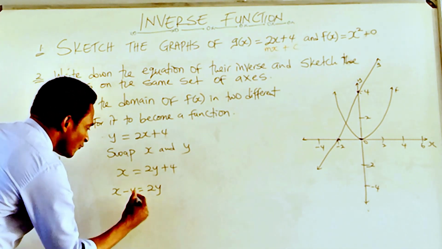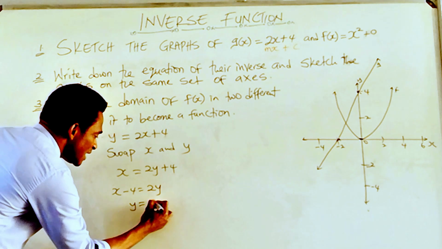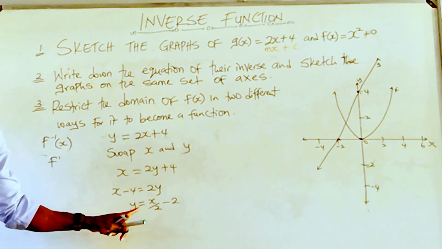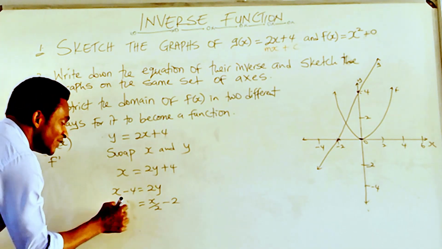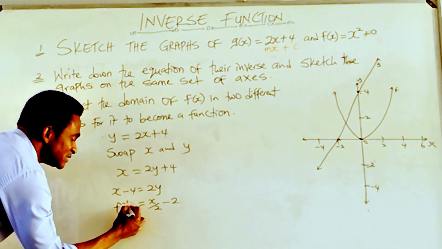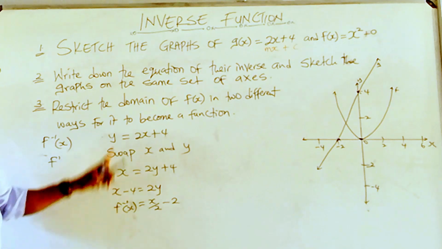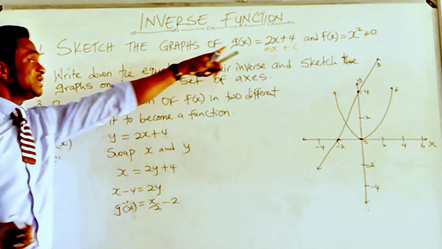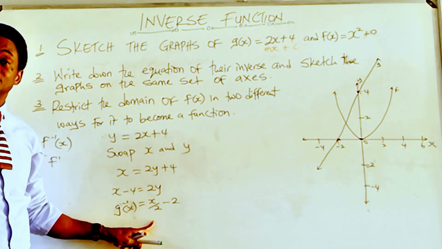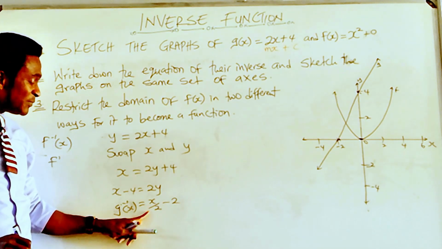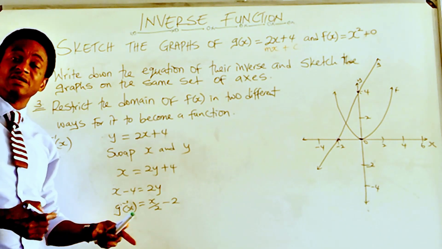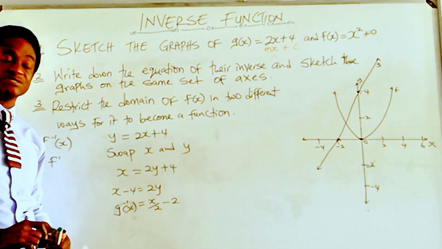So the equation of y will be x over 2 minus 2. This is the equation of the inverse, so we can rewrite this as the inverse equation of g. If we check properly, we'll see that this also generated a linear function. So the inverse of a linear function gives you a linear function.